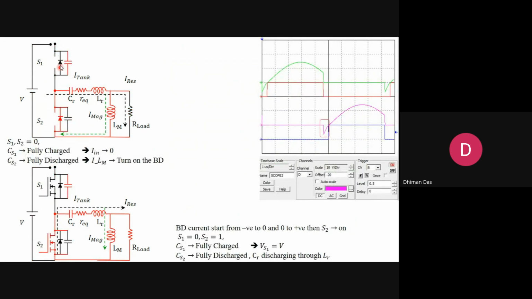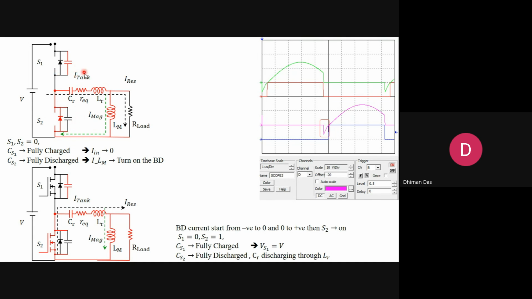Now when the top capacitor is fully charged, it behaves like an open circuit. For simplicity, you can assume the source is disconnected from this node as it is fully charged.